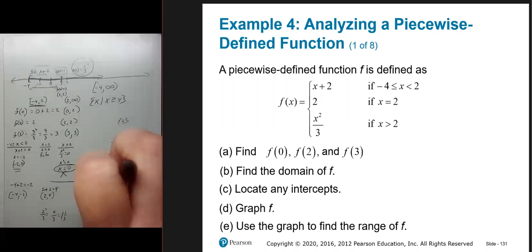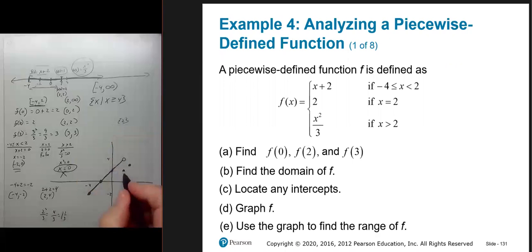Let me put a little more distance there between the two. Okay. And so it's going to go up like this. I would do this simply for my own benefit, because I like to see what's actually happening there. So I'm going to put 3 in for x. So that's going to be 3 squared divided by 3.